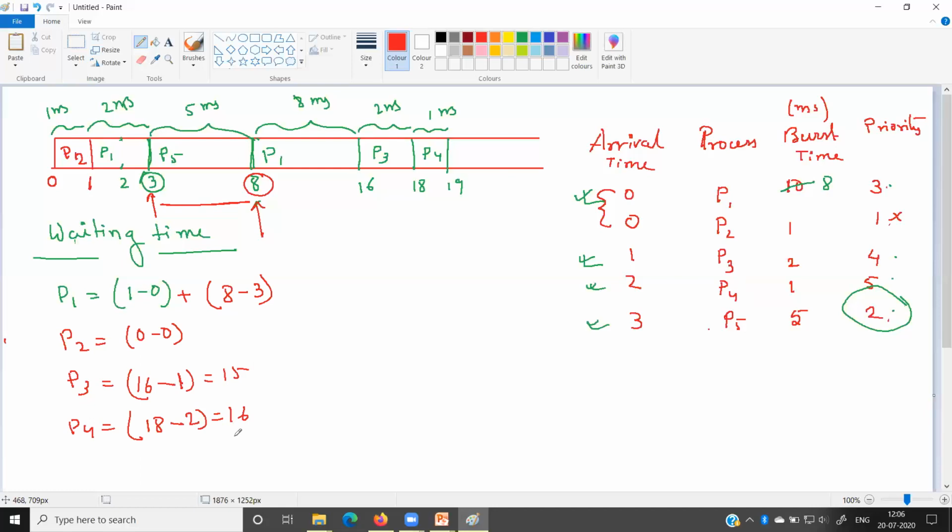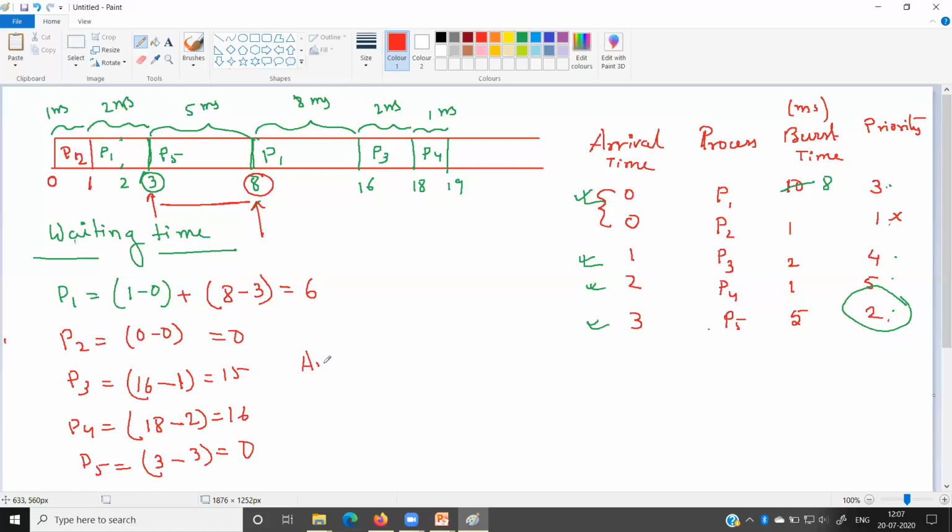Fine. Now next one is P5. What is the waiting time? P5 started at 3 and it arrived at time 3. So its waiting time is 0. So we compute the waiting time for P1 is 6, and then 0, 15, 16, 0.